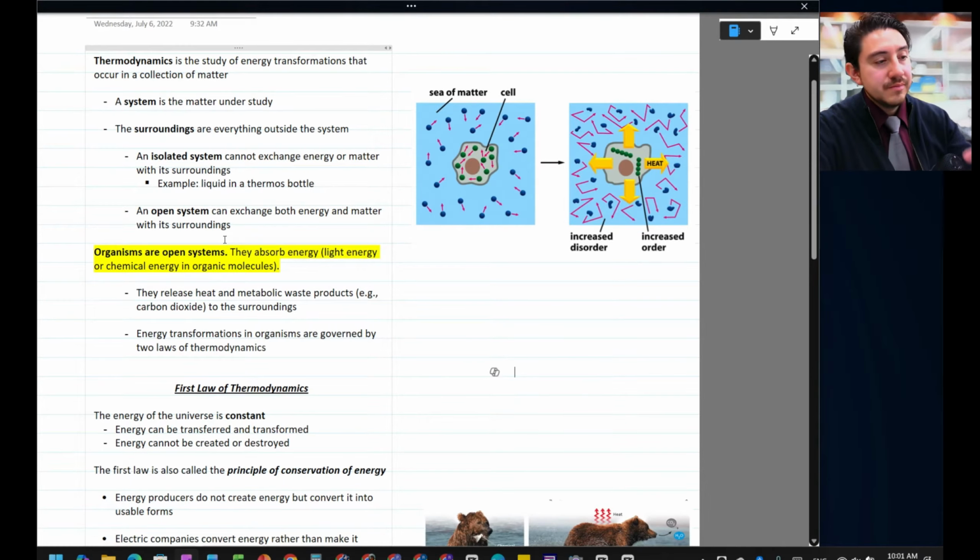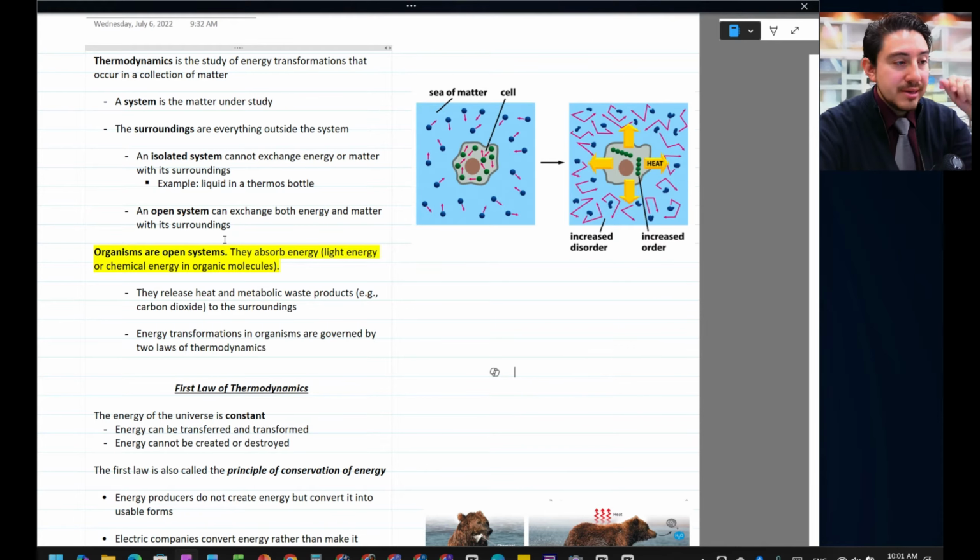Now, there are some concepts that you need to be familiar with as we go along through the chapter. A system is that matter or that organism that you're studying, where you want to figure out what's happening with energy transformations. Let's say a cell, for example.